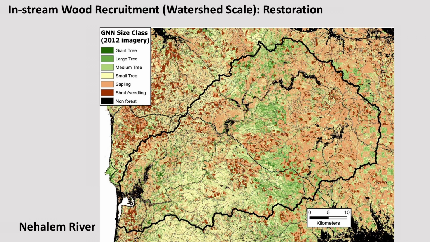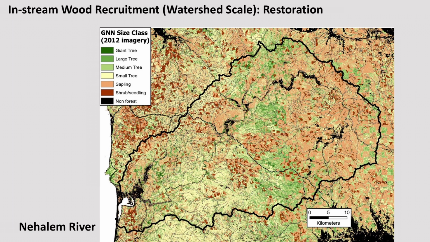So that last thing was just about managing individual reaches. But there are certain federal agencies and state agencies that say, I've got listed species here. How can I think about adding wood to the stream or improving riparian conditions? So we have data on tree sizes at the 30-meter grid cell scale throughout the Northwest US.